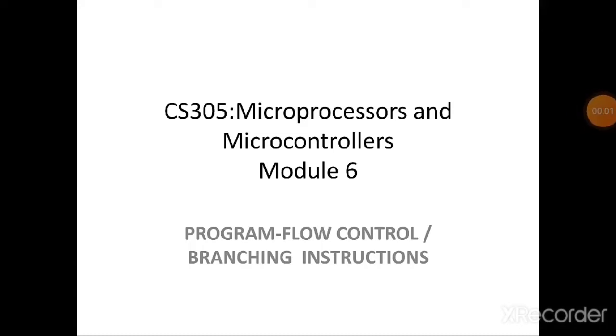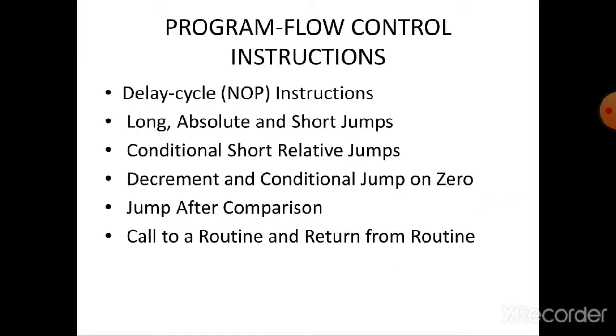Today we are going to discuss the 8051 branch instructions, also known as program flow control instructions. Some of the program control instructions are delay cycle or NOP instructions and jump instructions. Mainly there are three types of jump instruction: long jump, absolute jump and short jump.